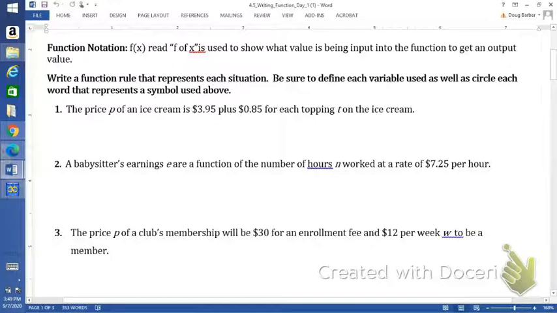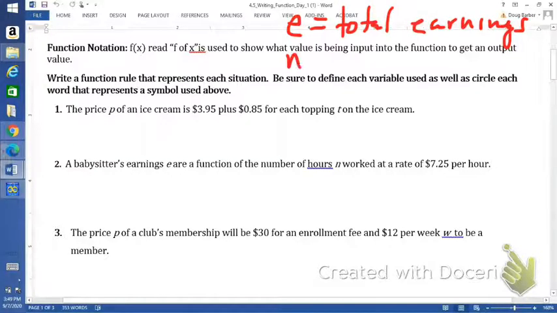Alright, so the second example problem here, it says a babysitter's earnings E are a function of the number of hours n worked at a rate of $7.25 per hour. So we have two variables. We have E, which is total earnings, and we have n, which is equal to number of hours.